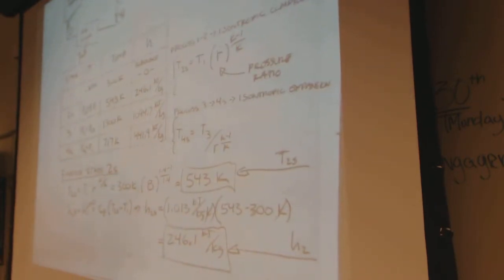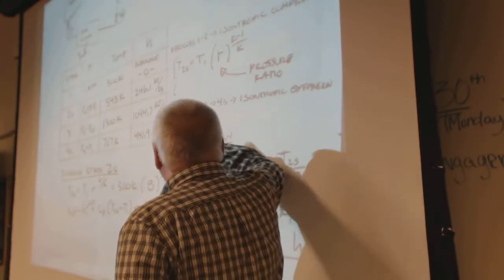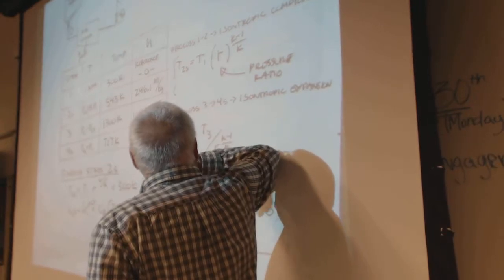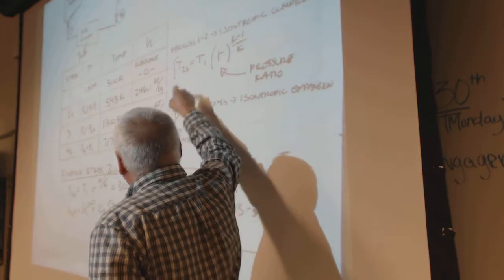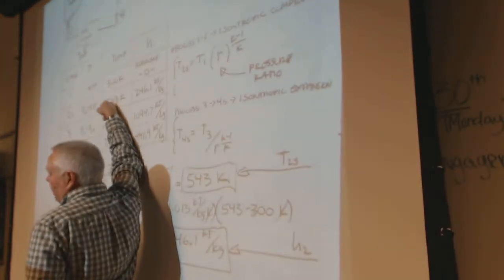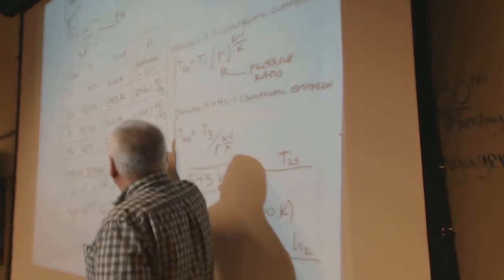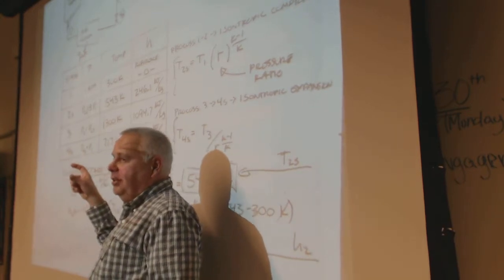So we analyze it. It really comes down to, for the isentropic process with a pressure ratio R, T2 is going to be T1 times R to the (K minus 1) over K. That's our pressure ratio. That tells us the new temperature. If we can chase the temperatures around the cycle, then we can use C sub P times the change in temperature, and that gets us a change in enthalpy.